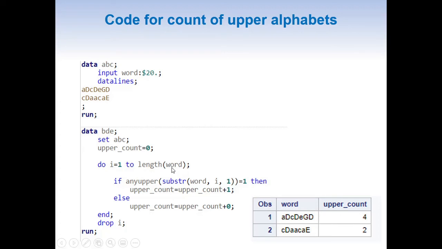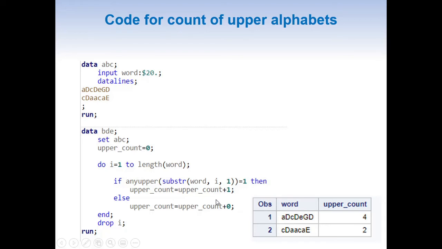Now let us understand how this code works by explaining it in detail for this particular observation. Here I have A, D, C, D, E, G, D, and these are 7 characters in this word. So do I equal to 1 to length of word becomes 1 to 7. First, when I is 1, I extract the first character and check whether it is an uppercase letter or not. As it is not, I simply add 0.